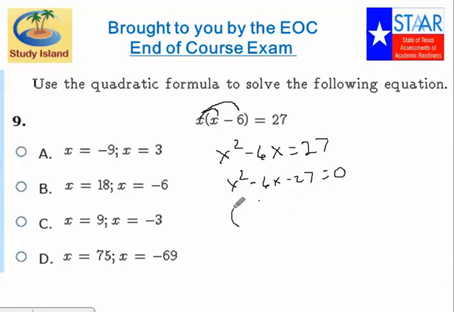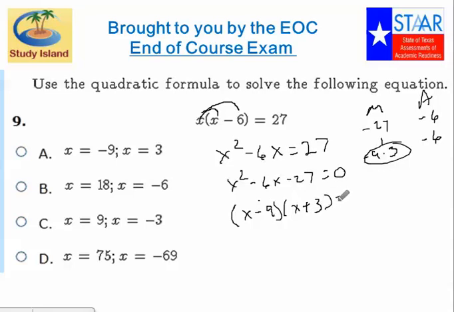That's got to multiply to make negative 27 and add to make negative 6. Well, 27 is 9 times 3. If I say negative 9 times 3, I get a negative 6 when I add them together. That's got to be my answer. Woohoo! So it's going to be x minus 9 and x plus 3 equals 0. Well, if it equals 0, that means that x is equal to 9 or x is equal to negative 3.